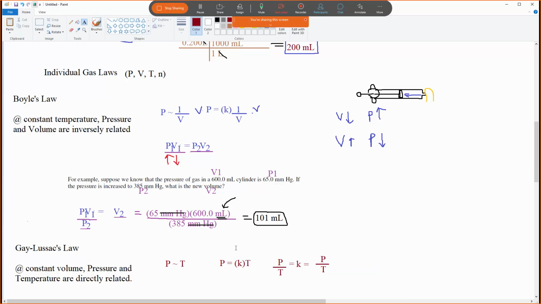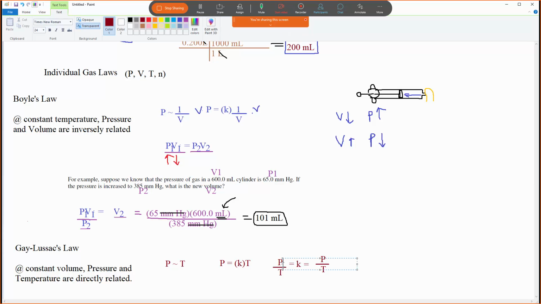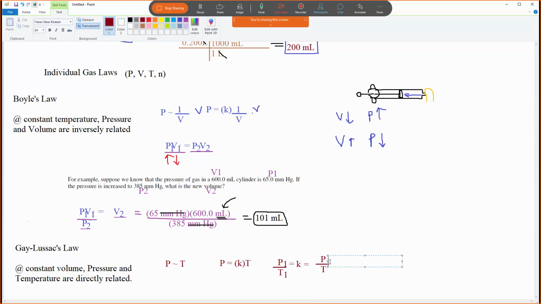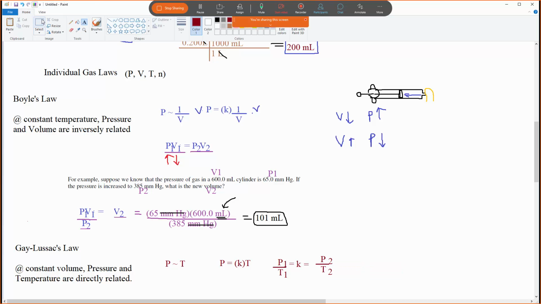And we find that our initial P divided by our initial T is going to be equal to my final P divided by my final T, like this. So this is Gay-Lussac's law, just like this was Boyle's law here. A functional piece that we get from that.